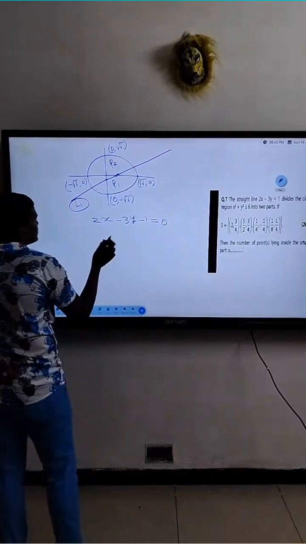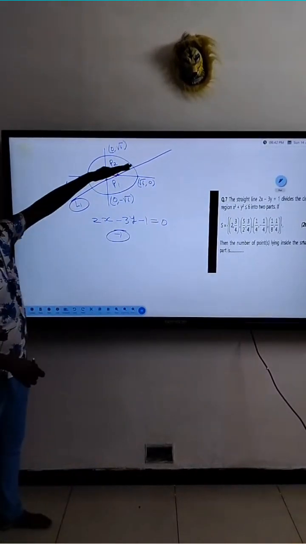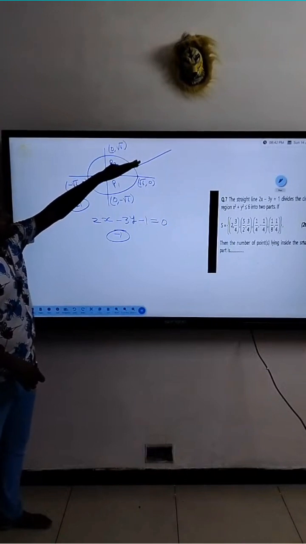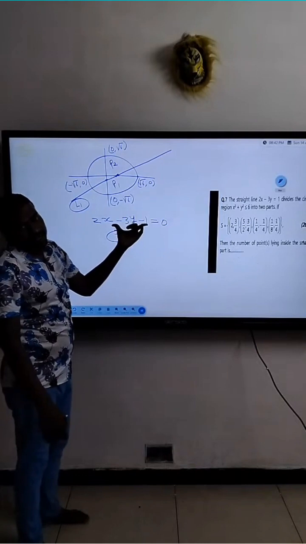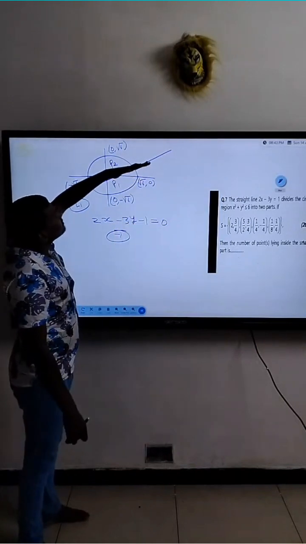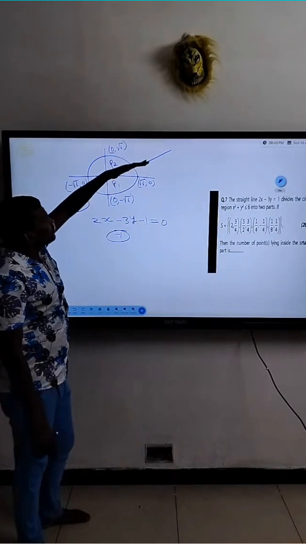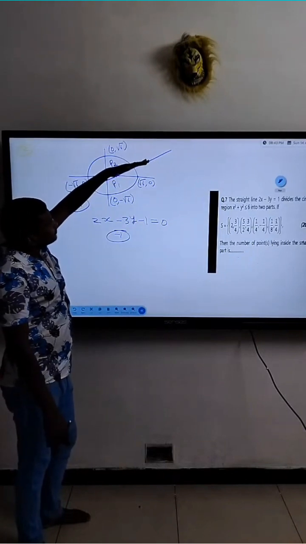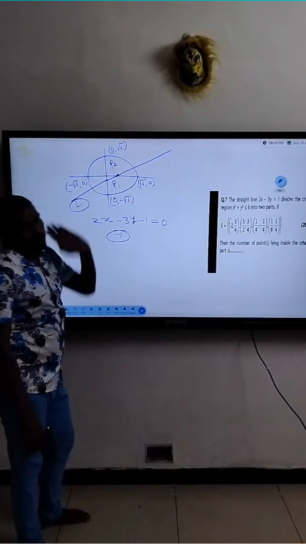If we substitute 0, 0, we are getting minus 1. That means all the points which give you a negative sign after putting into this straight line will be in the bigger part. And the point which gives you a positive value is in the smaller part.